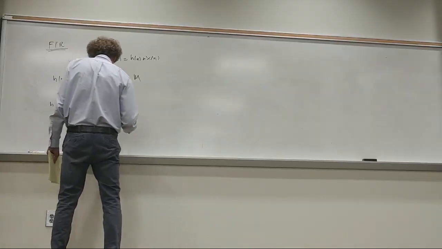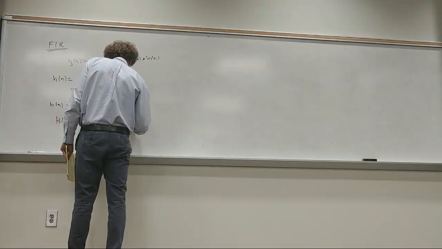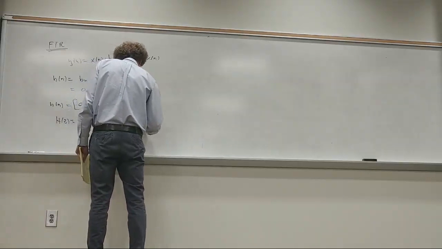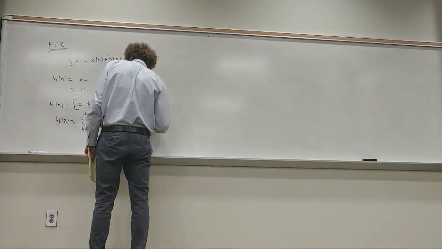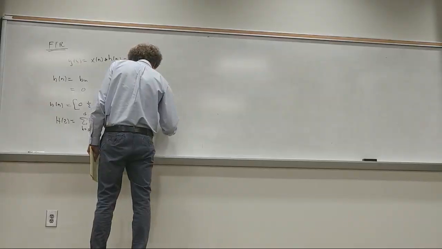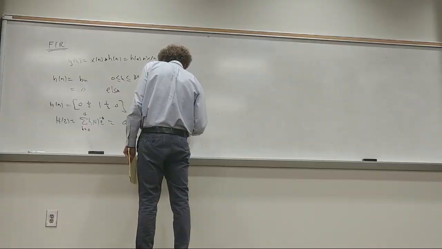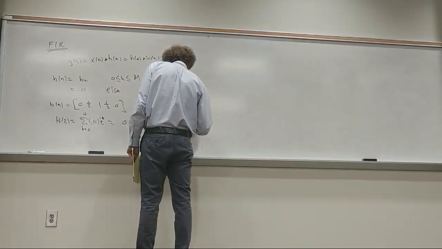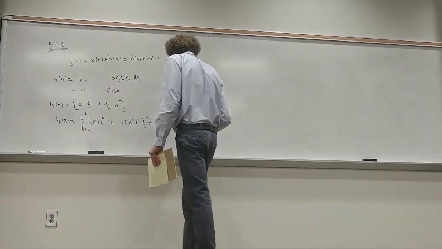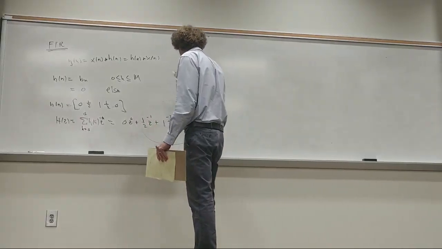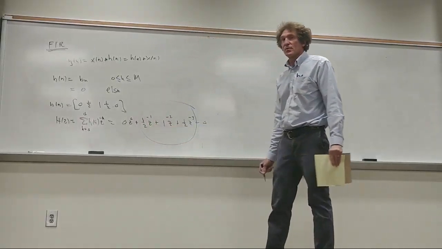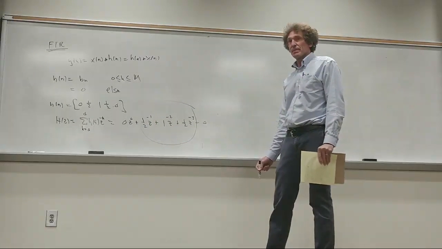But really, it's going to be 0 times z to the 0 plus 1/2 times z to the minus 1 plus 1 times z to the minus 2 plus 1/2 times z to the minus 3 plus 0. In fact, this is the z transform of that. Are you with me, class?